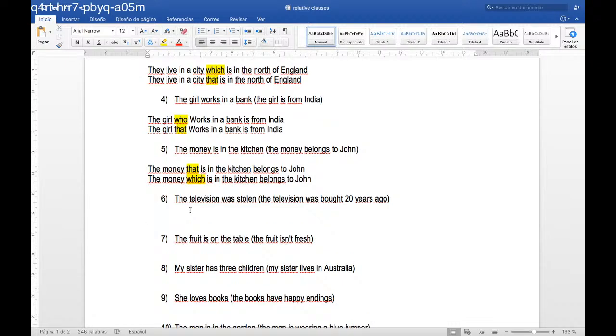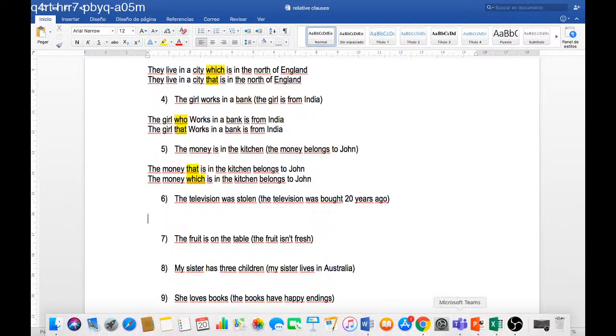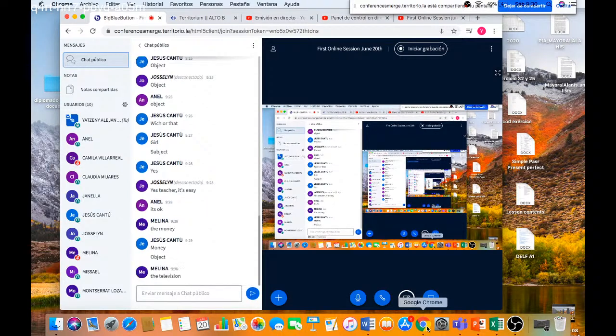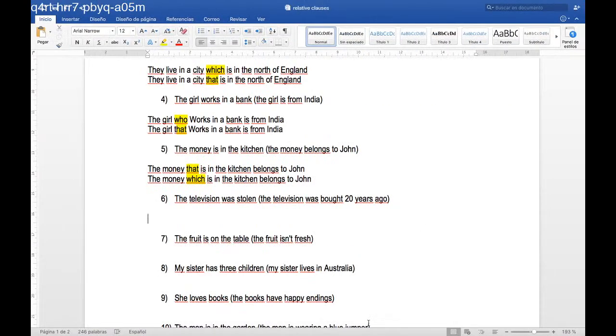Number 6 says the television was stolen and the television was bought 20 years ago. So which is the element that is repeated in my sentence? The television, right? So we can have the television that was stolen was bought 20 years ago.